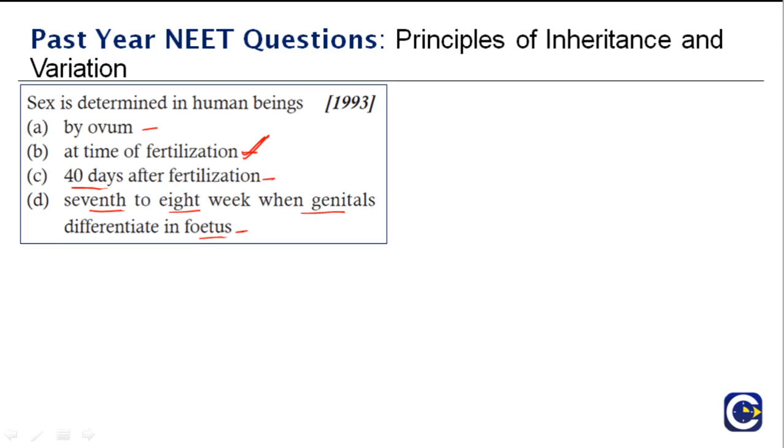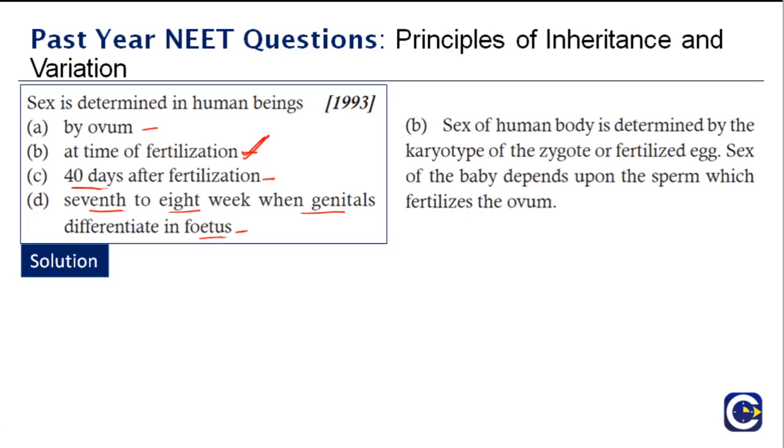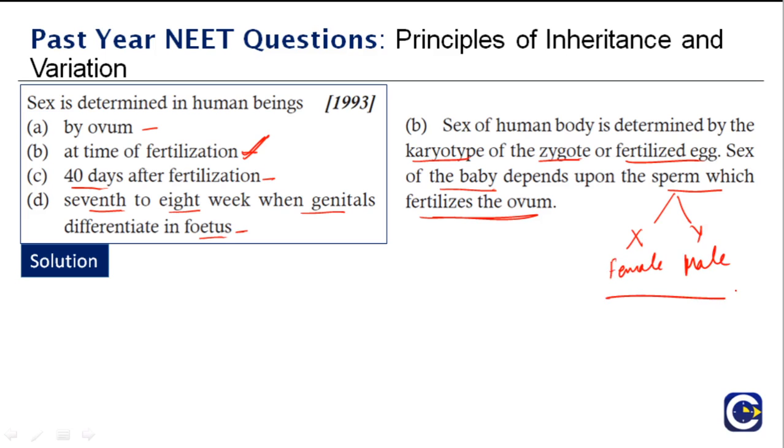Depending on if the sperm has X, it will be a female, and if the sperm has Y, it will be a male. So sex of human body is determined by karyotype of zygote or fertilized egg. Sex of the baby depends upon the sperm which fertilizes the ovum, and if this sperm is X, it is a female, and if this sperm is Y, it is a male. So the right answer here is B.